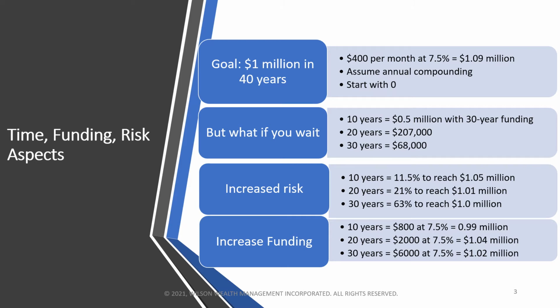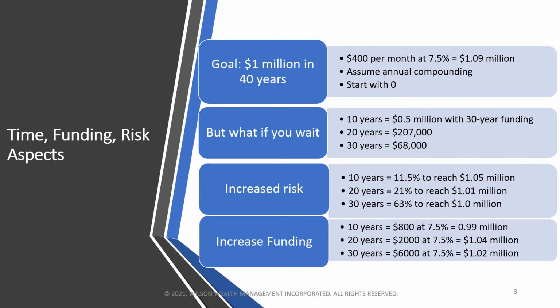And if you look at the risk, it's probably not reasonable that you're going to get 63% return per annum for 10 years. So there's kind of a cap, a realistic cap on the amount of prudent risk you can increase in a portfolio to compensate for delayed investing patterns.